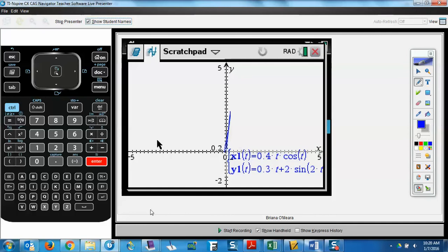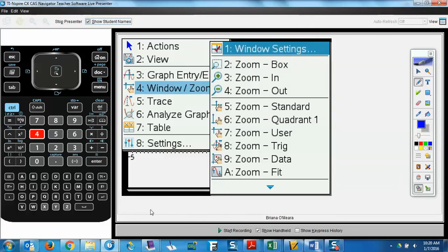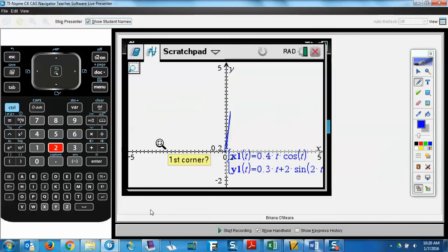And actually, let me show you the zoom. So go to menu, and you can zoom in, but let's go to window and number 2, zoom box. And let me show you how this works. Sorry, Brian, now you've got to use a trackpad. Get the thing up in here somewhere with the trackpad.